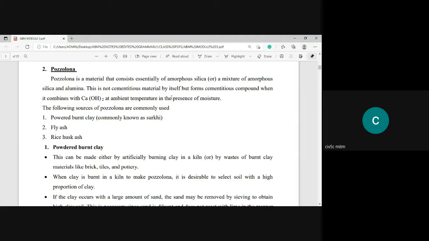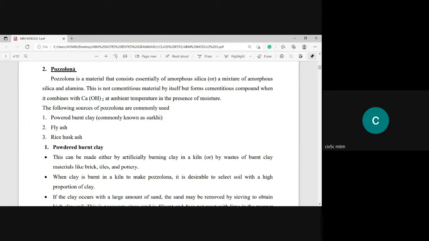Hence, this pozzolana will be active only when it combines with calcium hydroxide, that is lime, and water. Only then will this pozzolana be active. That is its function. That's why it is written that it is not a cementitious material, meaning it cannot bind.